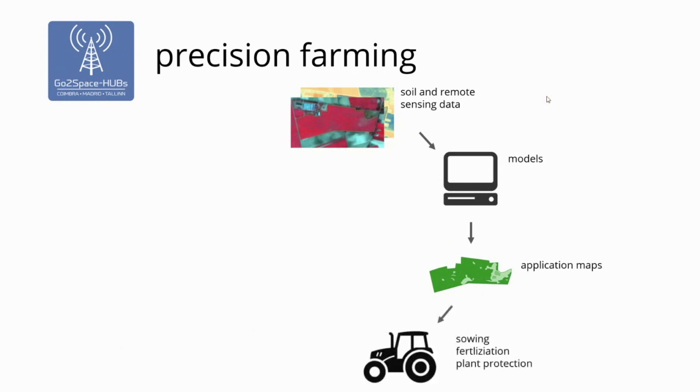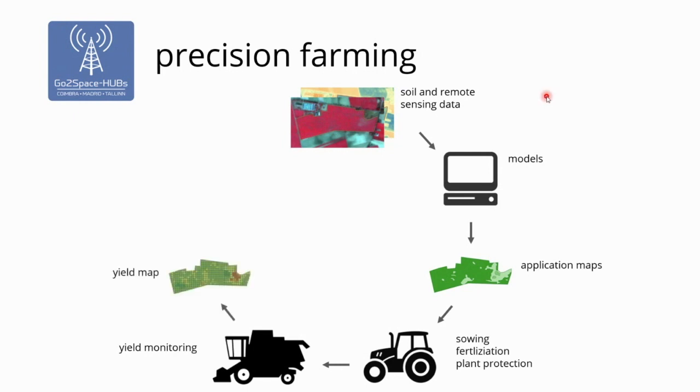After that we do it actually, and after the whole process, we can also monitor the yield to get some feedback on how much we get from the field. Using this information, we can analyze those models and maybe verify them and change them in a way. So that's how we close the circle. And in the circle, remote sensing data is crucial, very important.